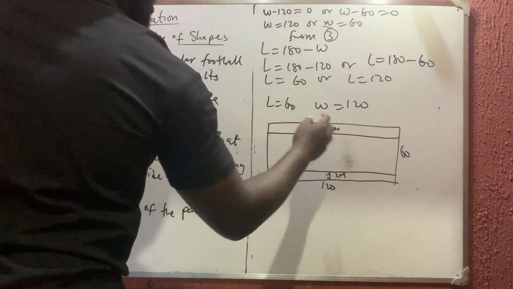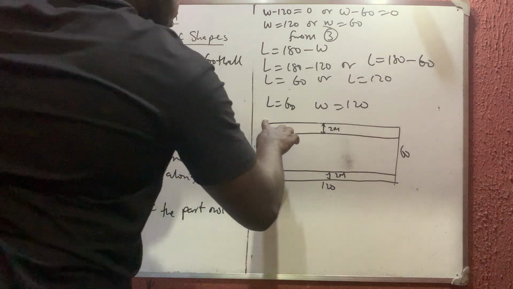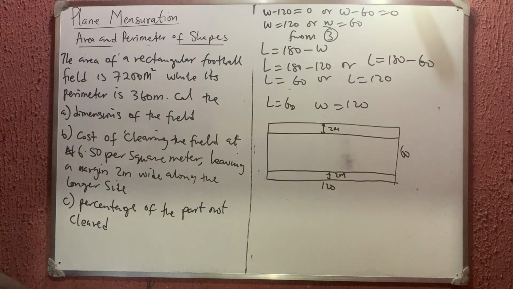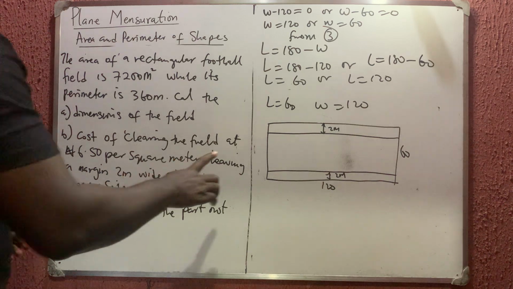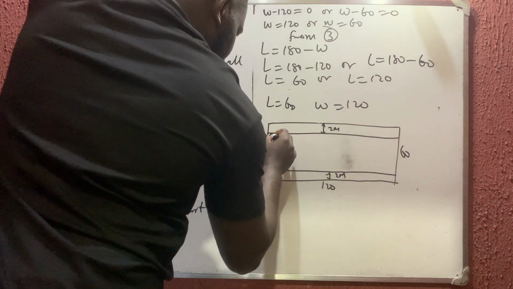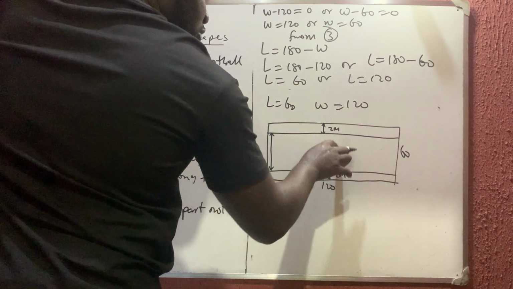Okay, so we are now to clear only inside this place. We don't want to clear here. So how do we get here? We're going to get here by saying the area of this bigger one minus the area of this small one, for us to get inside there. So if here is 120, the length from here to here should be 60 minus 4.